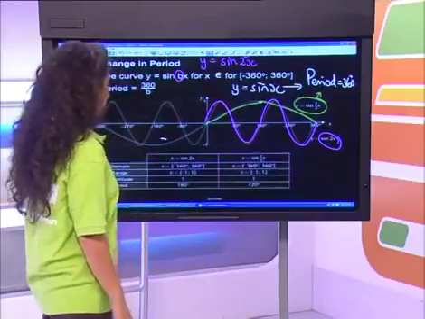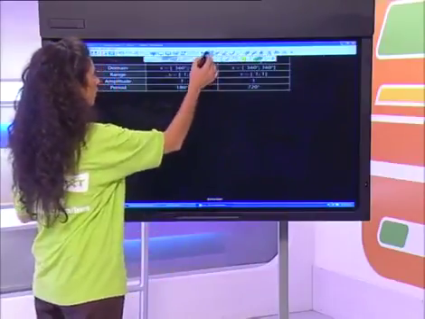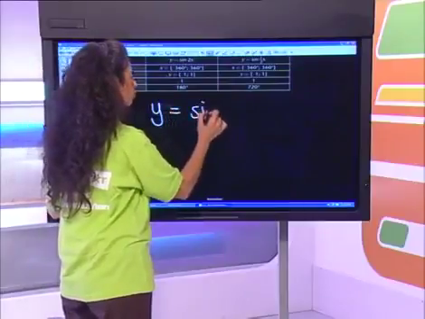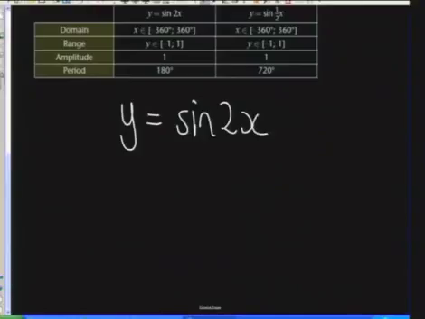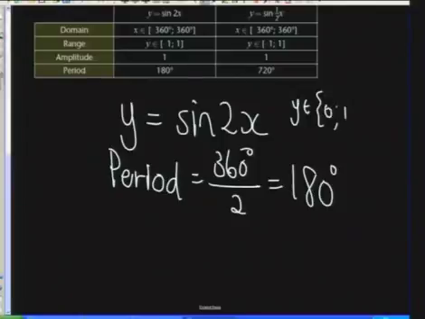Now, what we would be interested in is, yes, I've sketched the graphs for you, and it's lovely to have them up, but if I was sketching this graph for any given domain, and I wanted to know where I begin, you would always begin with a period. So you would take the period of the parent graph, which is 360 degrees. You would then divide it by 2, and you would now say, I'm going to complete one sine cycle. And remember, the sine cycle is 0, maximum, 0, minimum, 0.